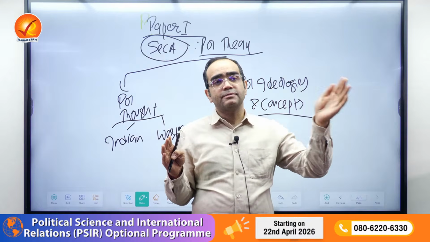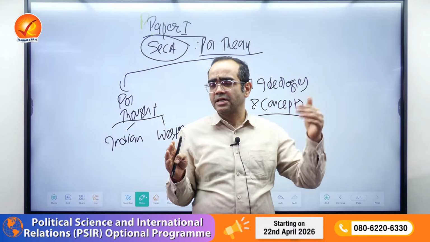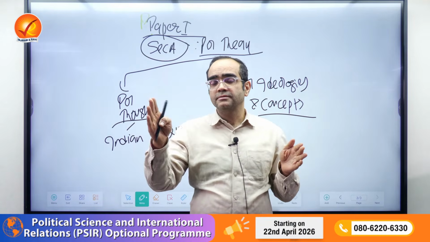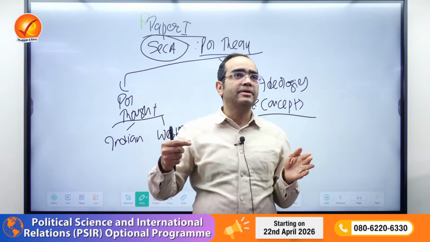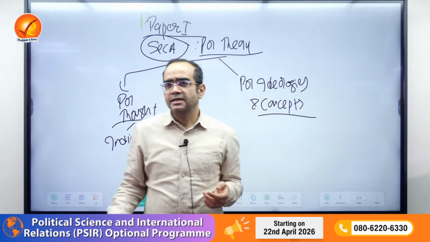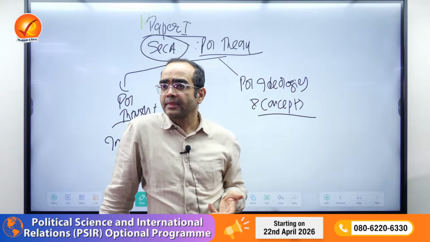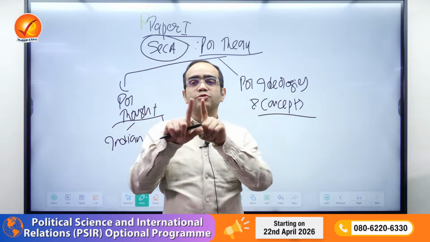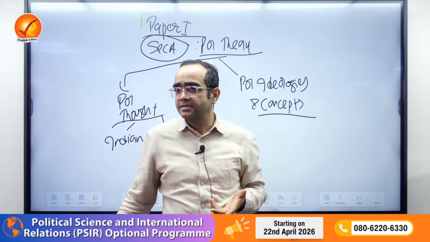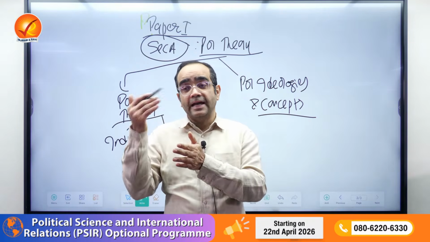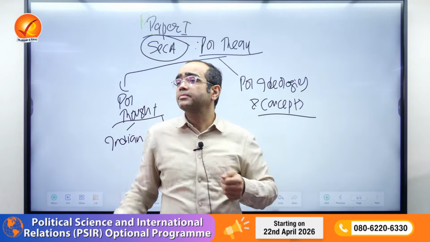Left wing has progressive views on same-sex marriage, abortion, etc. Right wing has traditional views. The Indian government has said same-sex marriage is not feasible in India. Marriage is only between two heterosexual adults, male and female, because the BJP heading the central government is a right-wing party.